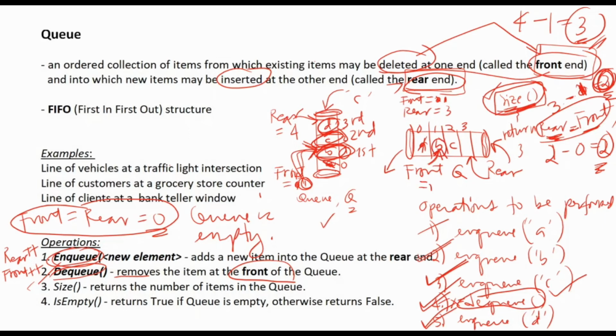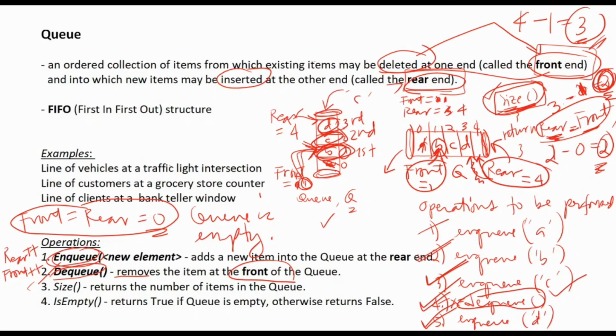And when you enqueue letter D, D is here, and the rear value would now be 4, right? From 3, it becomes 4. So this time, front is 1, pointing at B, and rear becomes 4, okay, pointing at the next position with index 4.